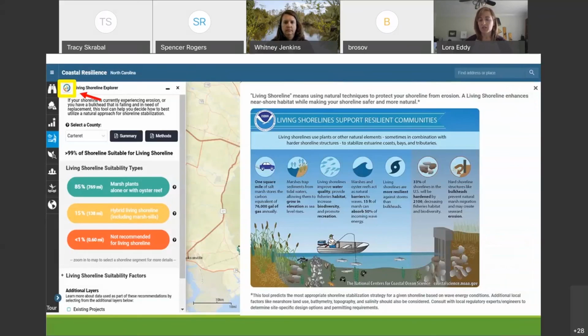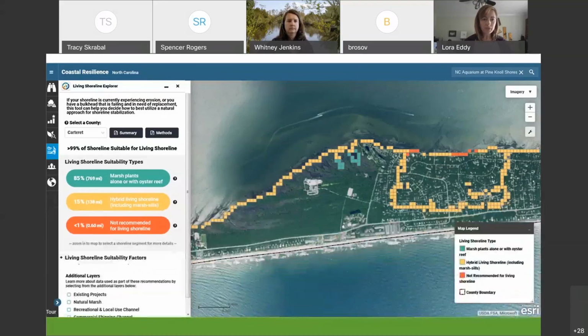It does say there's a need for on-site visits and professional judgment to determine the final design of the project you would like. Okay, I'm going to go through my example project really quickly. Say we're the North Carolina Aquarium and we want to do a marsh plant only living shoreline project. We type in our address up here in the address bar, and it zooms the map to that location.